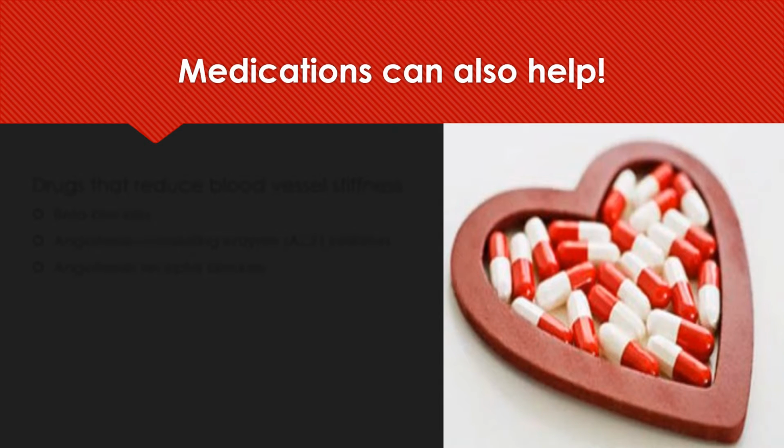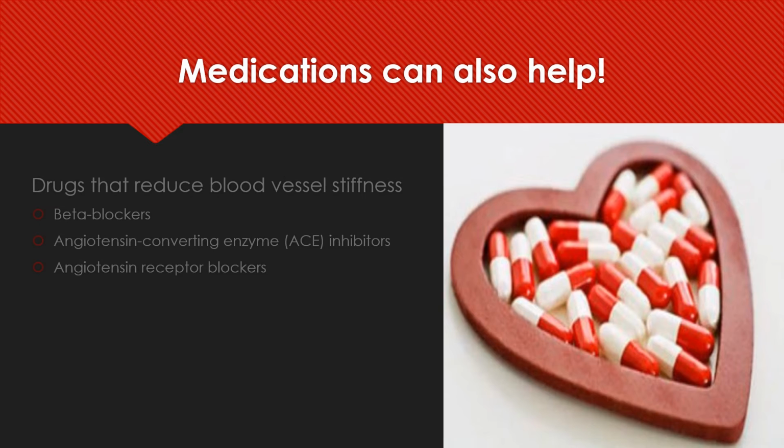If lifestyle changes aren't enough to achieve this reduction, there are several classes of antihypertensive drugs that can be added to the patient's management regime. These drugs act in various ways to reduce blood vessel wall stiffness and therefore lower blood pressure. Examples of these drugs include beta blockers, angiotensin converting enzyme, or ACE inhibitors, and angiotensin receptor blockers.